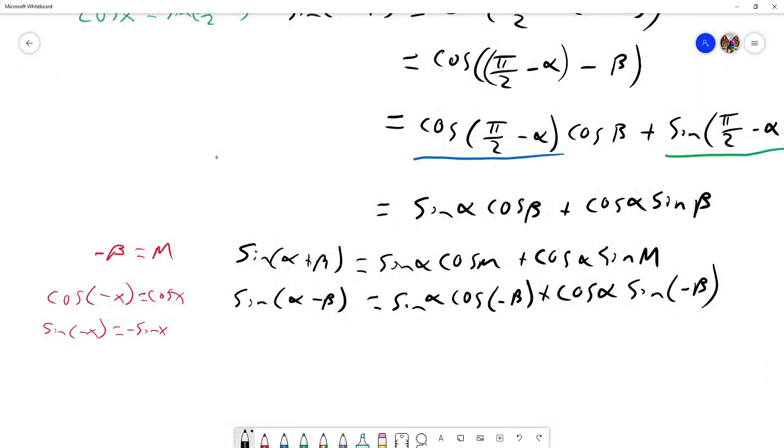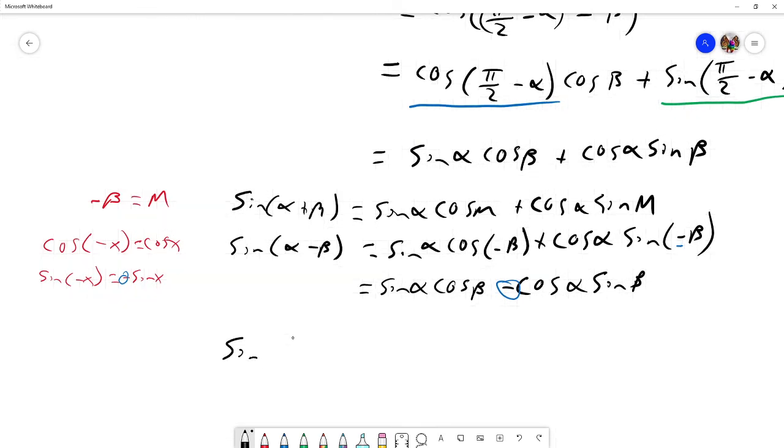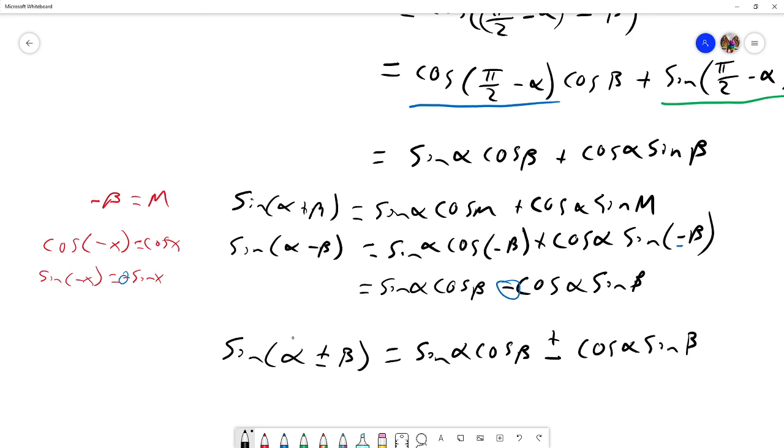So simplifying this, then we get sine alpha cosine beta minus cosine alpha sine beta. So we get the minus sign because we have that sine of negative beta here, and so that negative is moving out front according to that odd property. So to summarize then, sine of alpha plus or minus beta is equal to sine alpha cosine beta plus or minus cosine alpha sine beta.